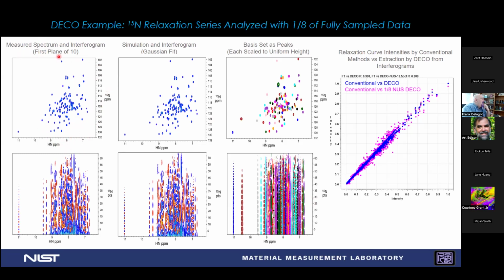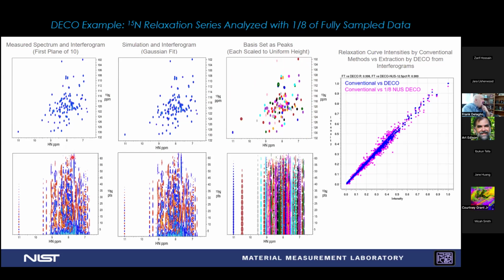Now, we can use peak detection and line shape fitting to take this measured data and make a model like you see here. So this is a model generated by 2D Gaussian fitting. And the individual components of that 2D model are individual 2D Gaussian peaks like you see here. So that's what we're used to working with in the frequency domain.